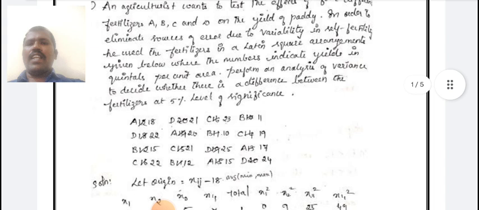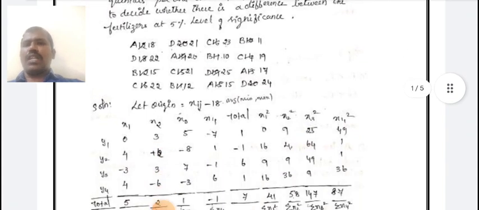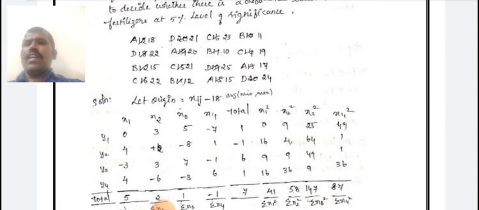Perform an analysis of variance to decide whether there is a difference between the fertilizers at 5% level of significance. The values of A, D and the alternating series A, D, C, B and D, C are given.